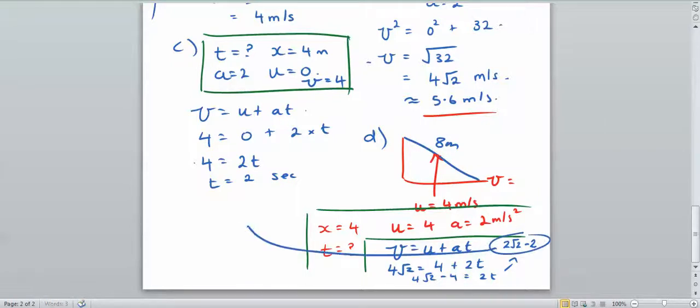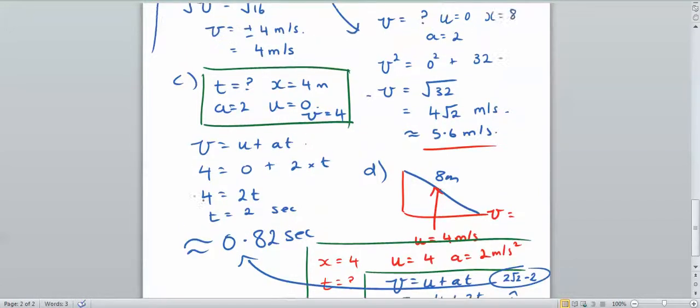So the time it takes, well, 2 root 2, root 2 is about 1.41, times 2 is about 2.82. Take away 2, it's going to be around about, without me having a calculator, 0.82 seconds.